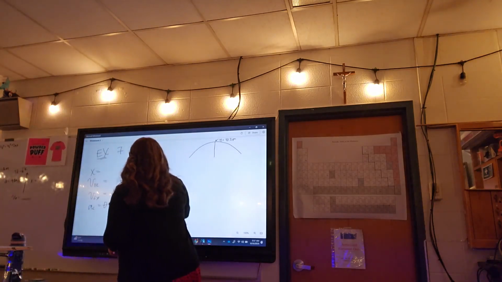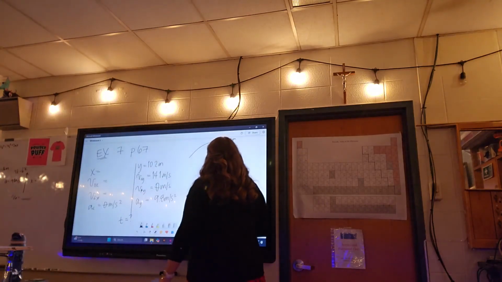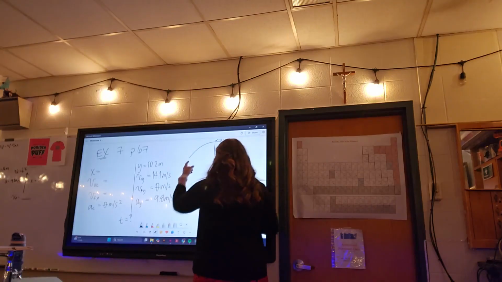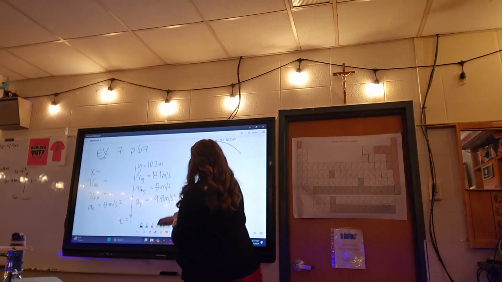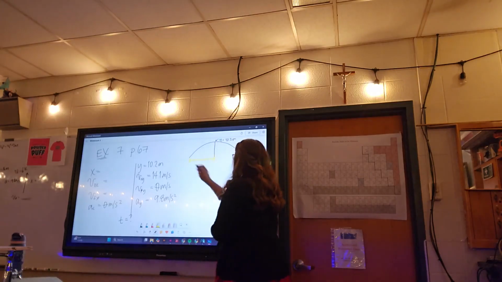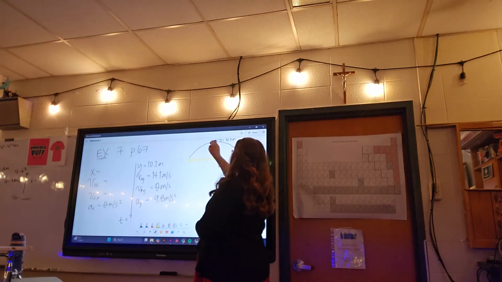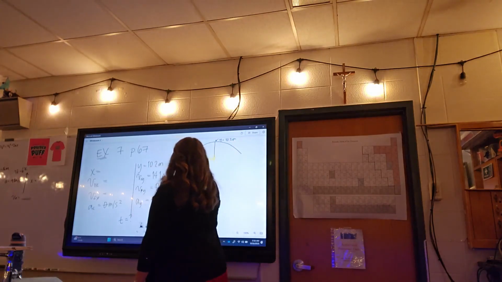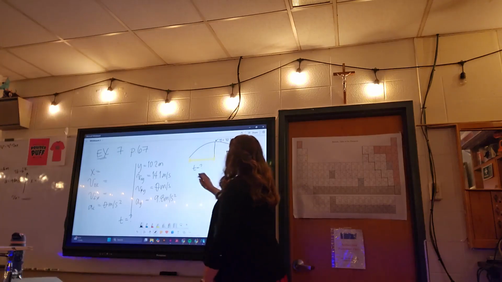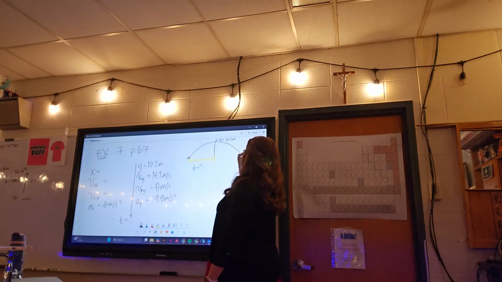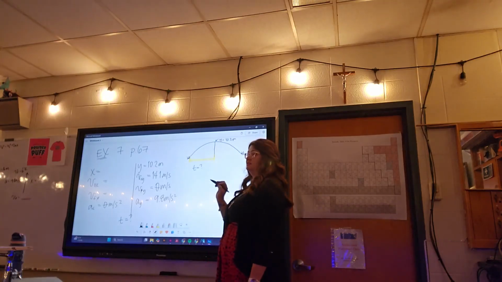If we say that we're only looking at this path here, from kickoff to the part where it's in the middle, we can find time using all of this data. But then what will we need to do with this value to get time from the beginning to the end?